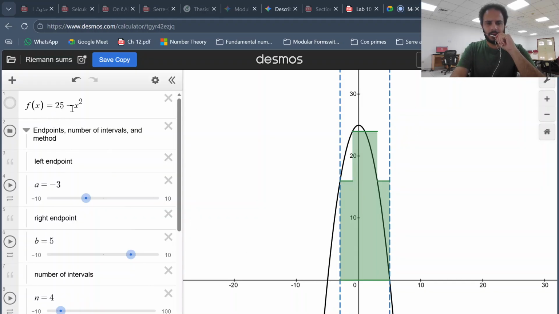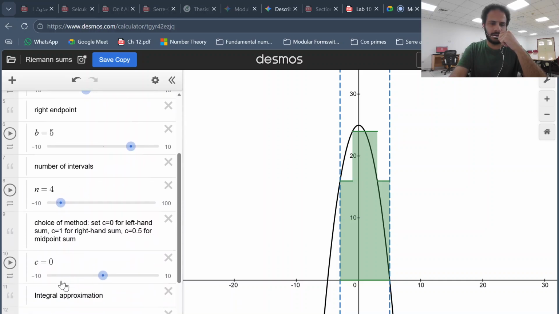See here, the continuation of the solution, because you also need to sketch the graph and the rectangles. So here the function f, 25 minus x squared from minus 3 to 5. Then for rectangles, c equals 0 for left, 1 for right, 0.5 for midpoint. But we are using left, so 0, okay?